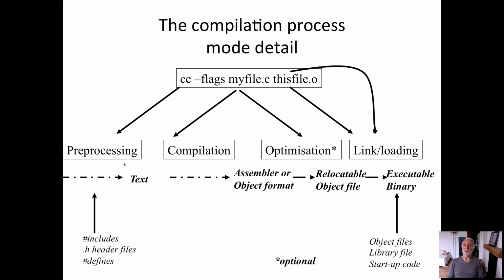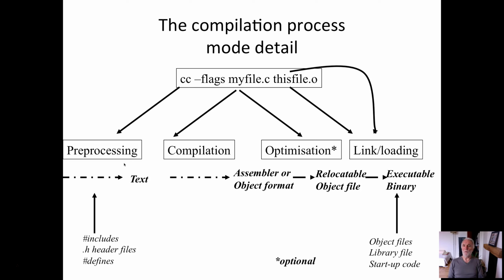And there are lots of hash includes, .h header files, and defines. And pre-processing can be used in all sorts of ways to really localize the compiler to the specific environment, be that Linux or iOS or Windows or whatever.